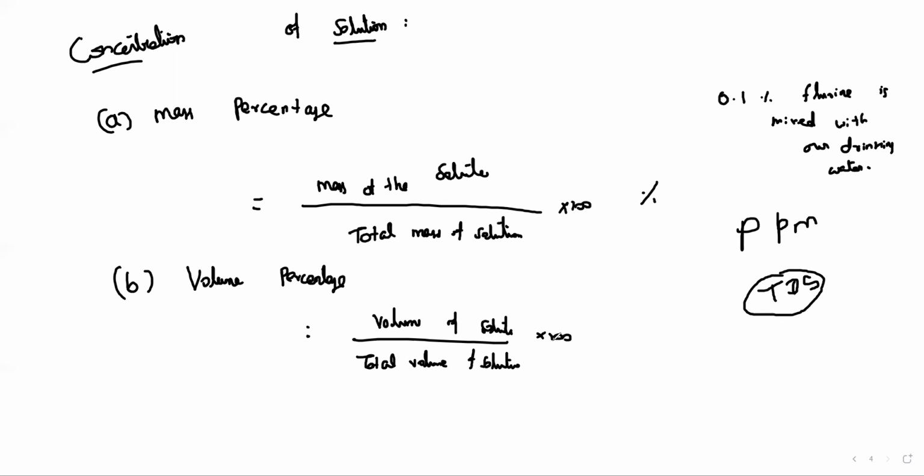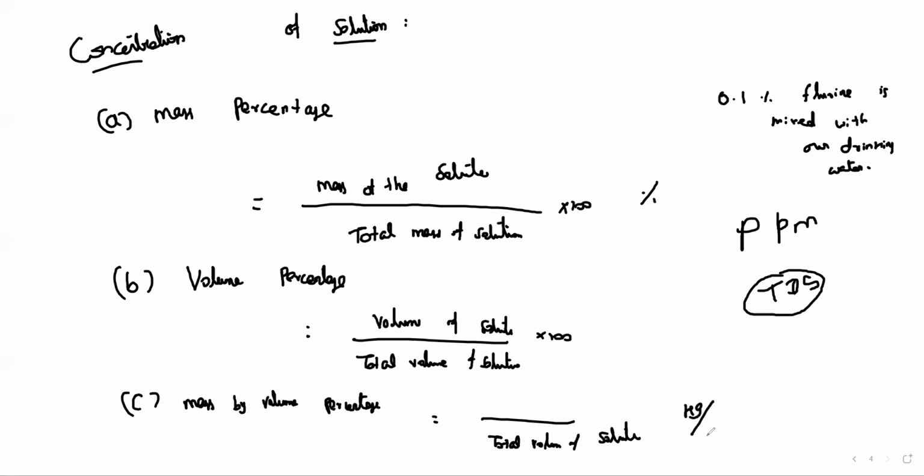And we can also express mass by volume percentage. In total volume of solution, how much mass of the solid? So this will be in the unit of kilogram per liter.